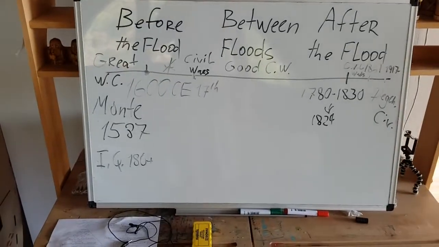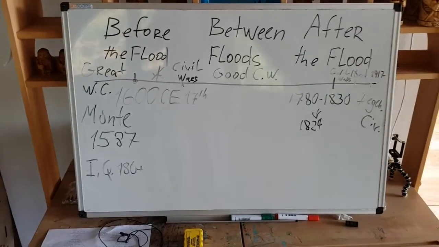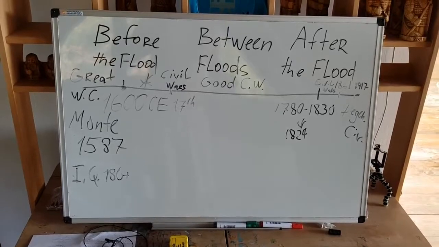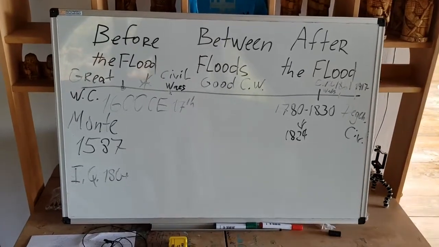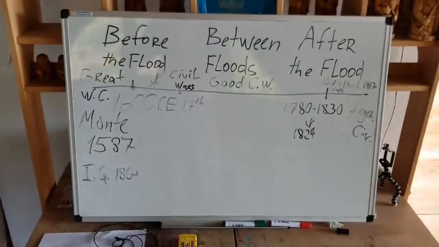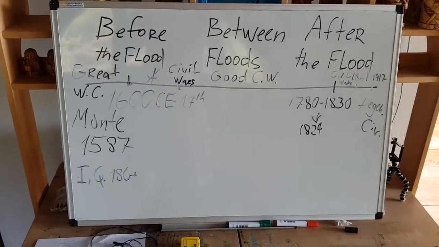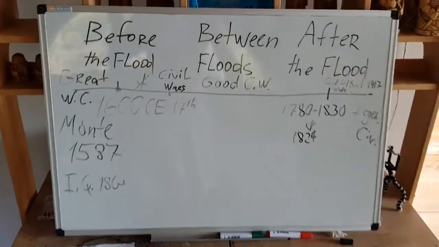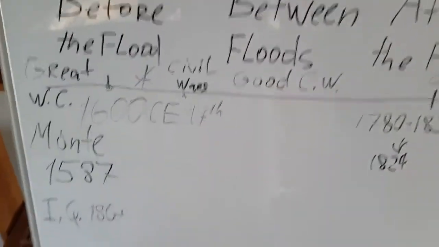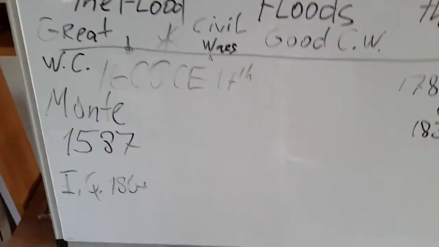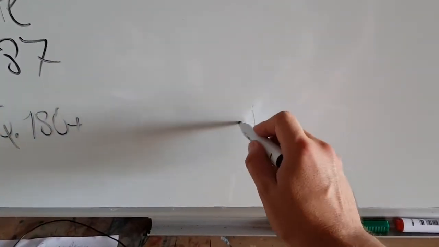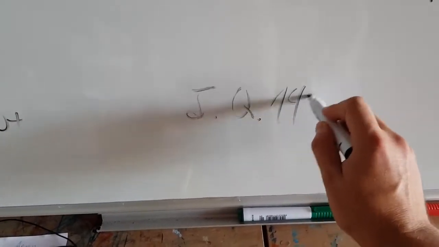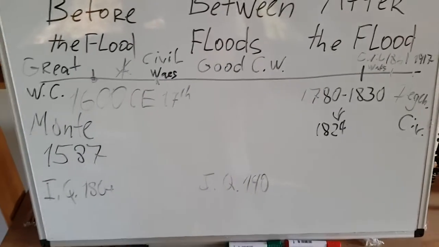They knew all this because they had those technologies. Then something happened, a Great War, followed by a number of civil wars. The population went way down, and then we had a period in between floods, because that's also when the first great flood happened. Between floods, approximately 200 years, that's when this good civilization found all of the technologies from the great civilization, and let's say their IQ level was around 140 average.